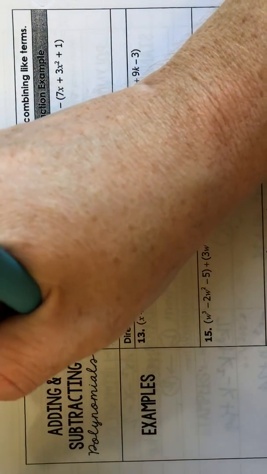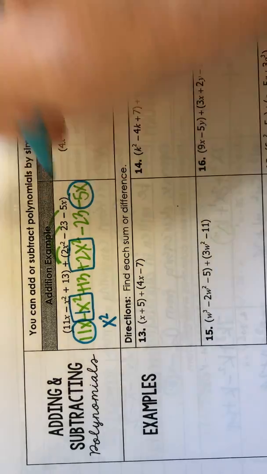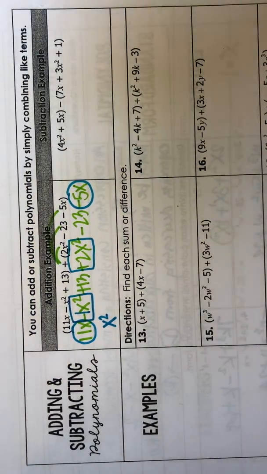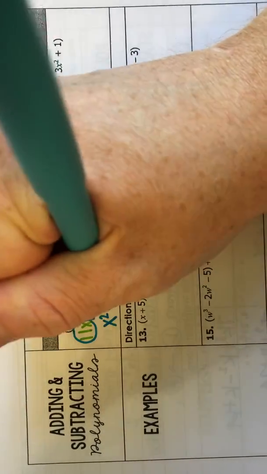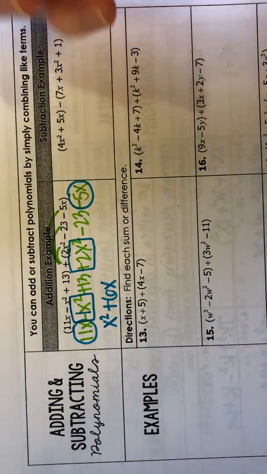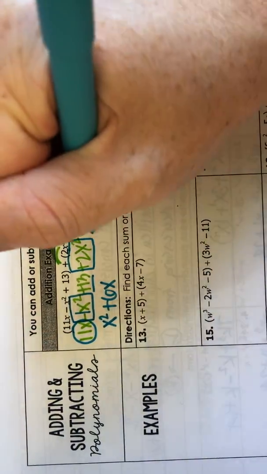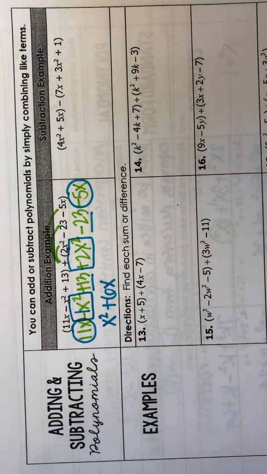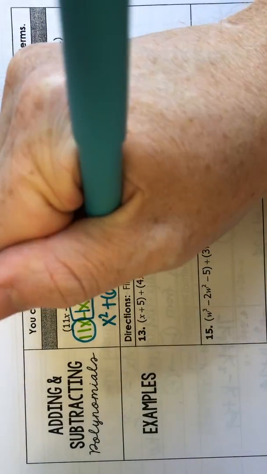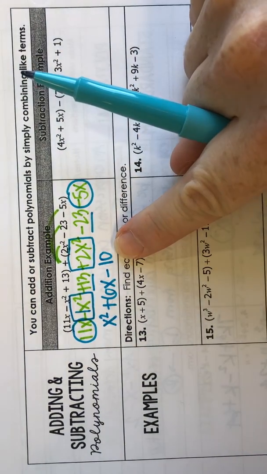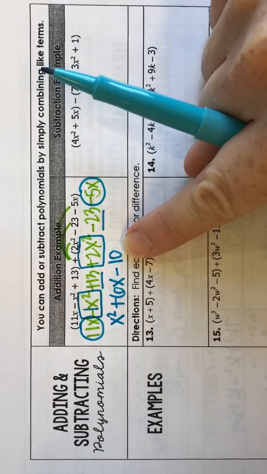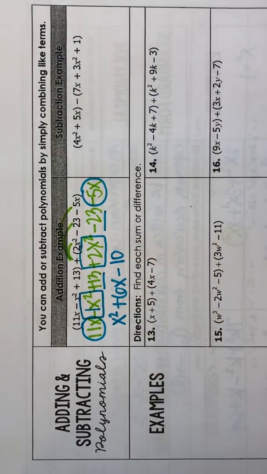My next term would be 11x minus 5x. So 11 minus 5 is positive 6, so that's plus 6x. And then I have 13 and minus 23. 13 minus 23 is negative 10. So this is my combined new polynomial. It's in standard form.